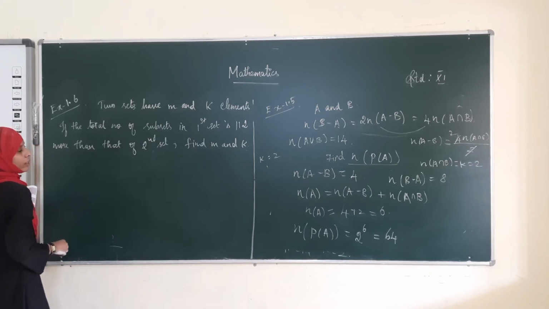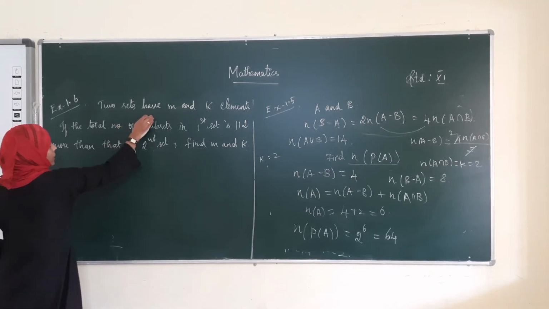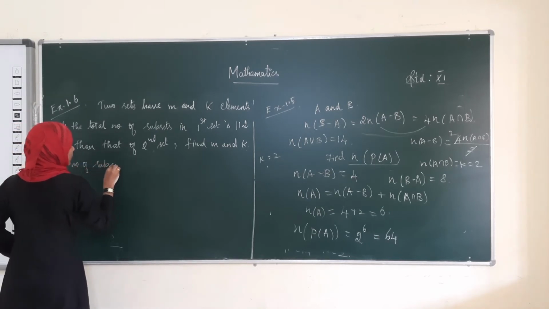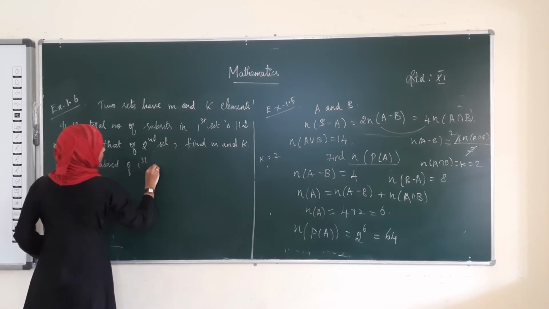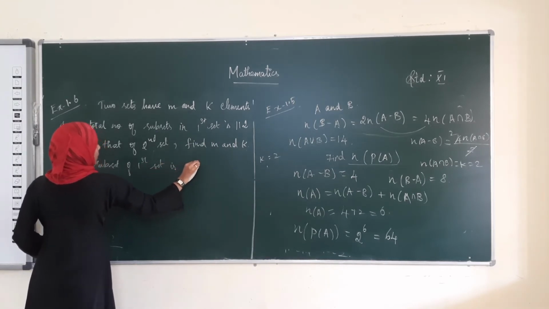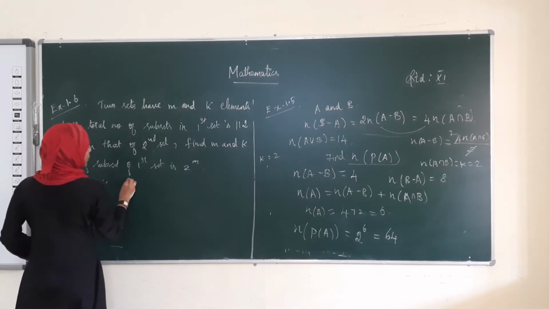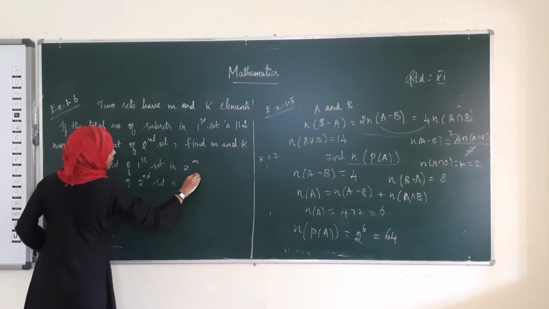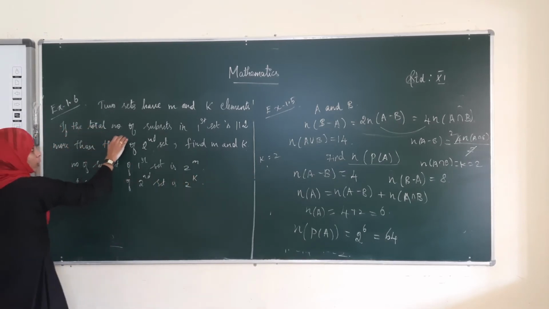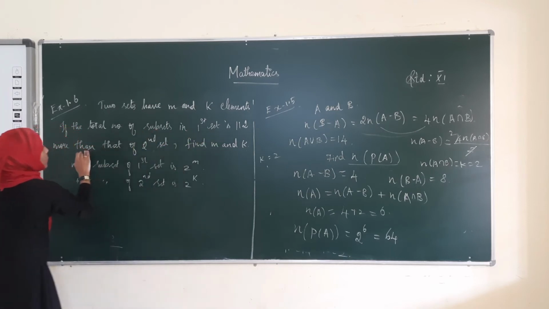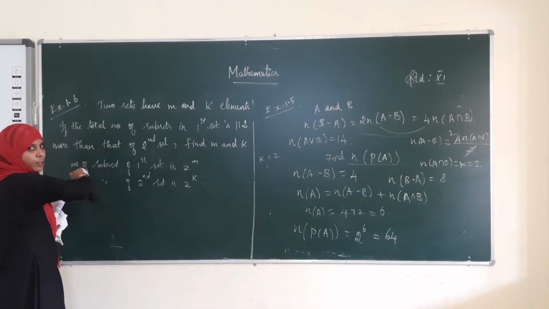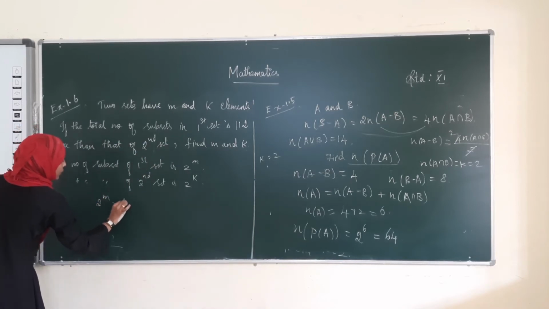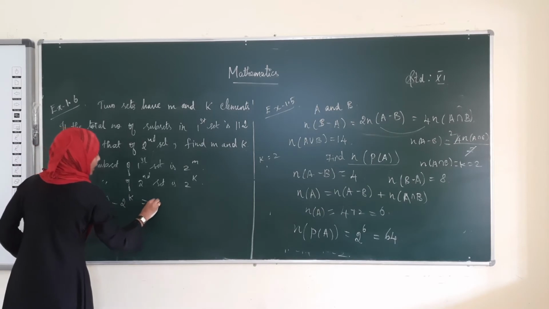How can we find the number of subsets of the first set? The first set has M elements, so the number of subsets of the first set is 2 power M. Similarly, the number of subsets of the second set is 2 power K. The difference between the subsets of the first set and second set is 112. 2 power M minus 2 power K is equal to 112.